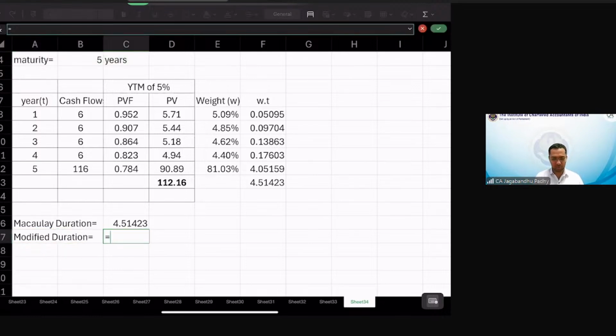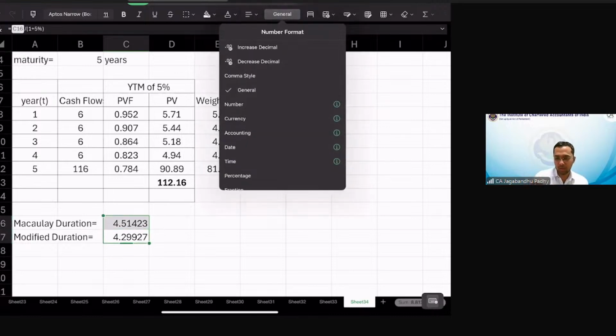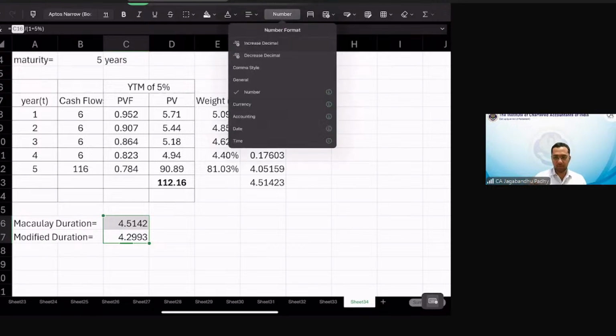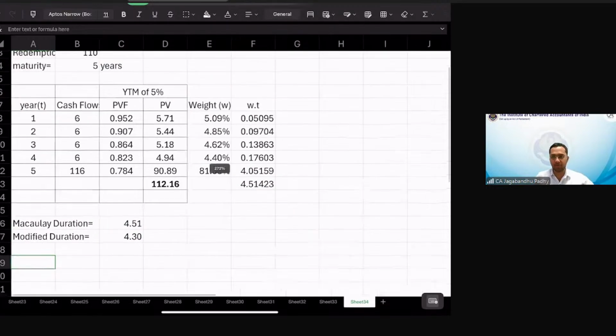Modified duration was this Macaulay duration divided by 1 plus 5%, which was the YTM. So this was already done by us. Macaulay duration and modified duration was already covered by us.